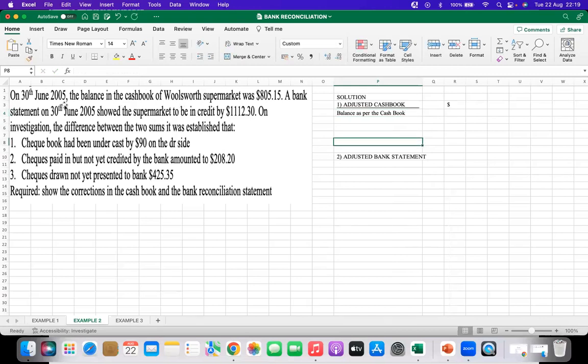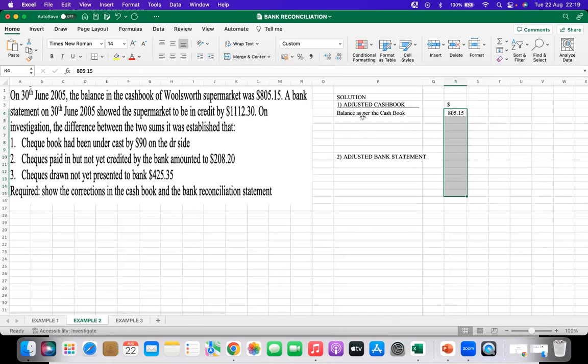Let's read again. On 30th June 2005, the balance in the cash book of Woolworths supermarket was 805.15. So it's positive because you have been told so. It's positive, so you put it as positive. Or if it is told credit, you put it as that. Next, the cash book had been undercast by 90 because on the debit side, it was understated.